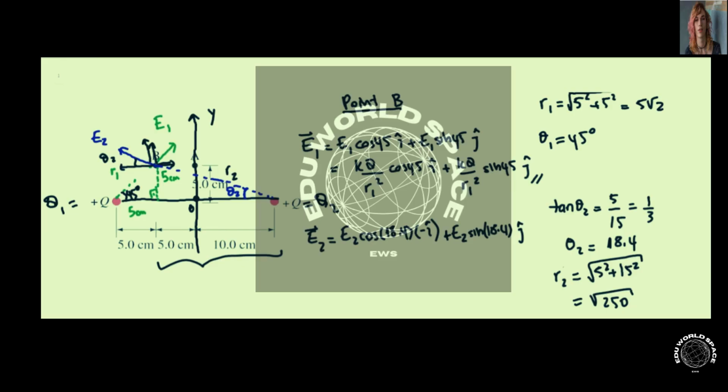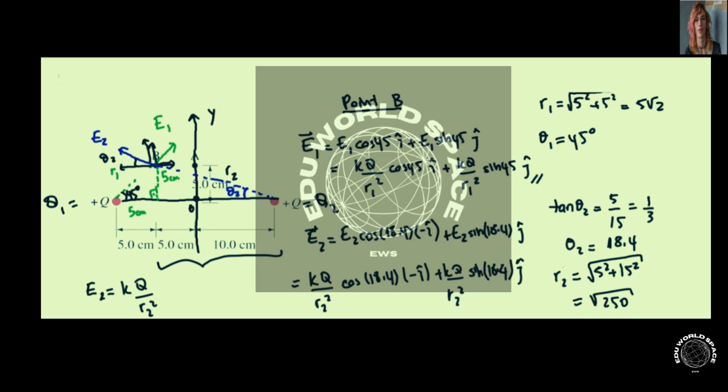Now let's remember what E2 is. The magnitude is kq over r2 squared. Let's substitute for E2: kq over r2 squared cosine 18.4 negative i hat plus kq over r2 squared sine 18.4 j hat. It's a little crowded in here.